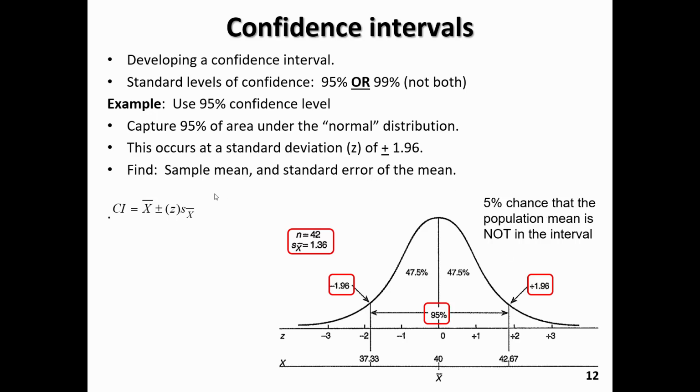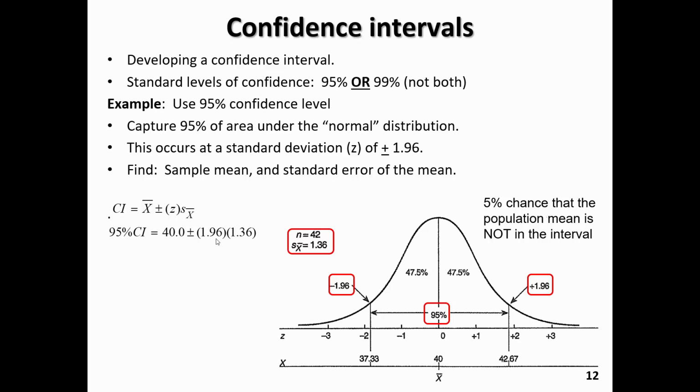Using these fictitious data here, I'm calculating the confidence interval around an average of 40. If we have a sample average of 40 and we want to calculate the confidence interval around the sample data within which we think the population average resides, then we take the observed average of 40 in our sample, and we plus minus the product of 1.96.